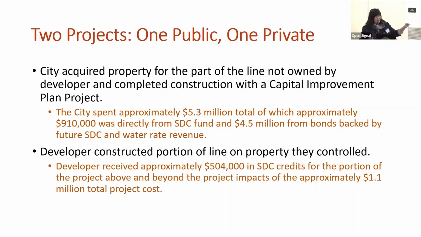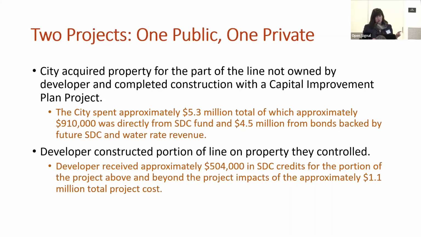So SDCs finance this work in two ways. The city used $5.3 million, $910,000 from our SDC bucket that we had, right? And $4.5 million from bonds. Those bonds, again, backed by future SDC and ratepayer funds.